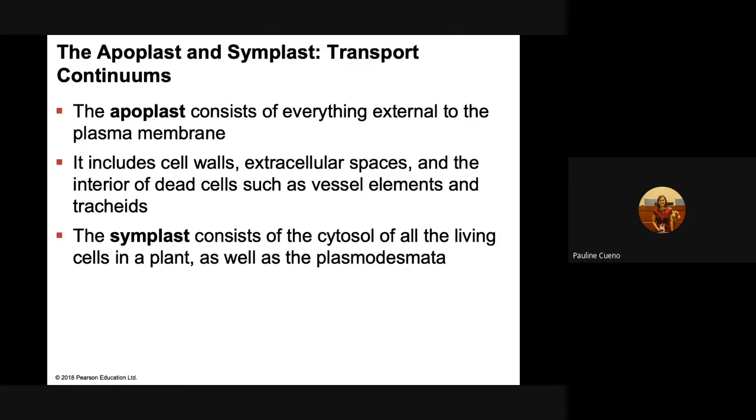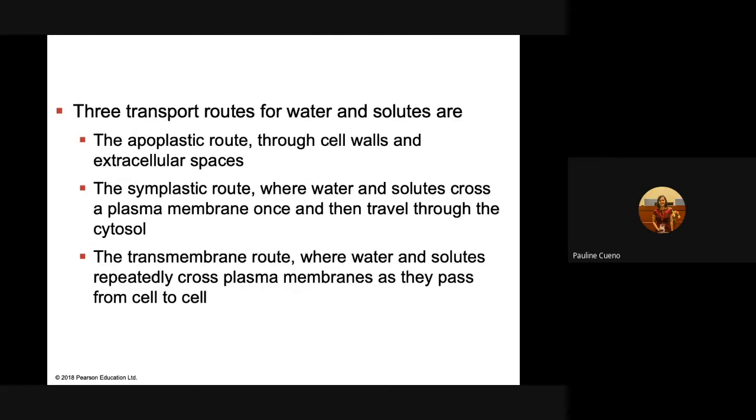And then for the symplast, kabaligtaran naman siya, it consists of the cytosol of all the living cells in a plant as well as the plasmodesmata. So recall lang yung plasmodesmata, ito po yung junctions or ito yung connections ng ating mga cell wall or plasma membrane. So yung apoplast root, I will show you later ano ba yung difference ng transport nila, yung image.